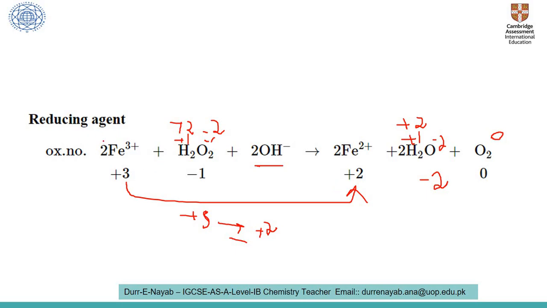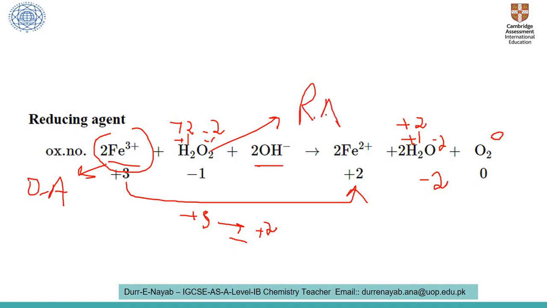So when there is a gain of electron, this species, this iron, is acting as what? No, this is acting as an oxidizing agent. This iron here is acting as the oxidizing agent, and this hydrogen peroxide is acting as a reducing agent.